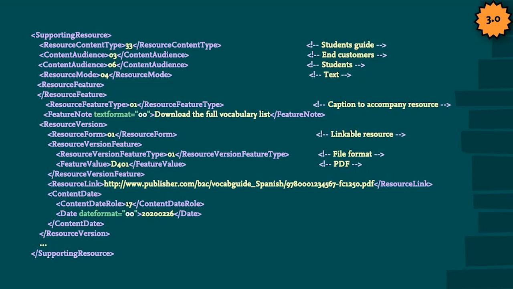And so here, we're giving you a bit of Onyx that says the resource content is a student's guide. It's meant for the end customers and students. It's being sent as a text. Here's the caption I'd like you to put with it when you display it. And it's a resource in PDF format, and here's the link. So you can send this kind of information as well in block 2.